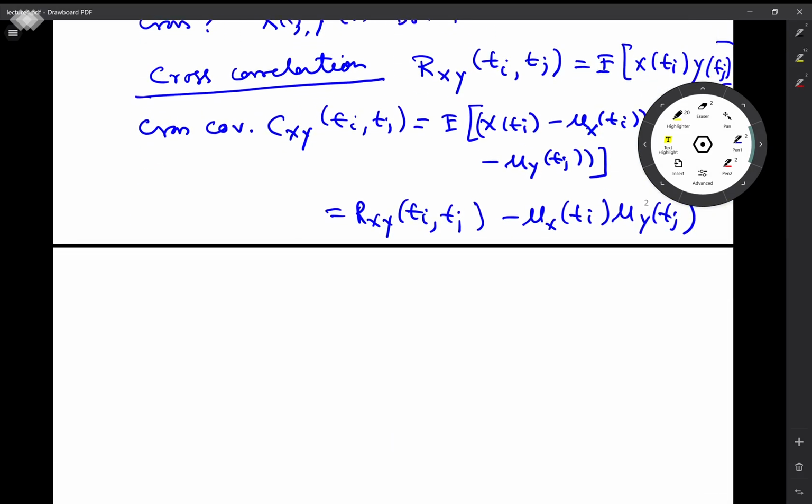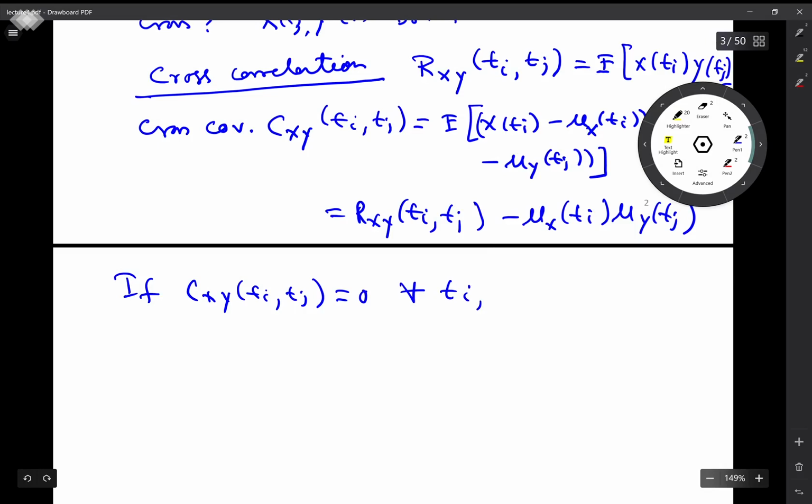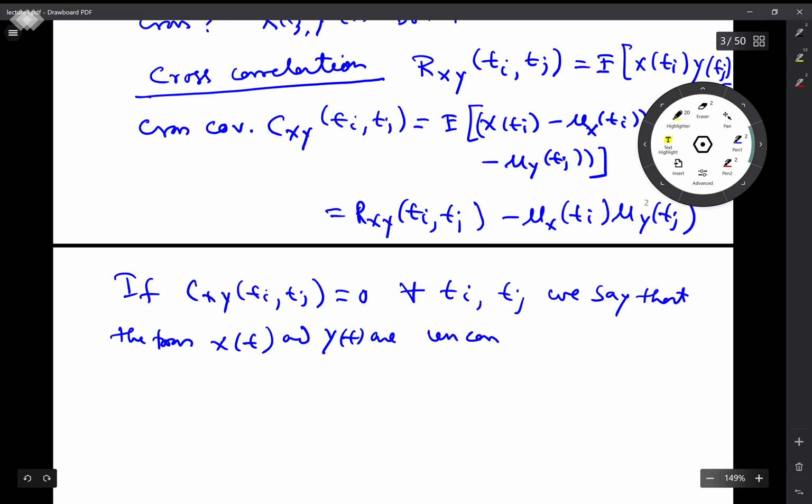So what is the physical significance of cross covariance? If Cxy(Ti, Tj) equals 0 for all Ti, Tj, we say that the processes Xt and Yt are uncorrelated.